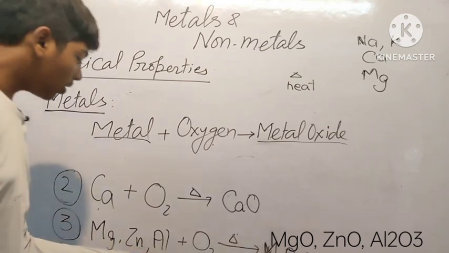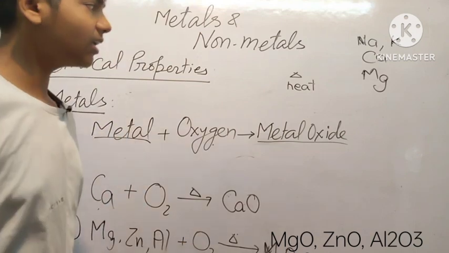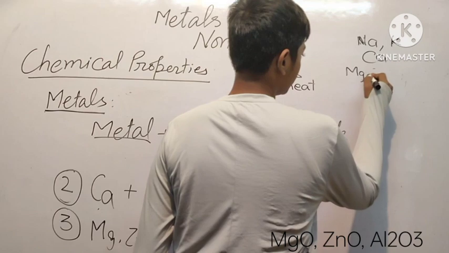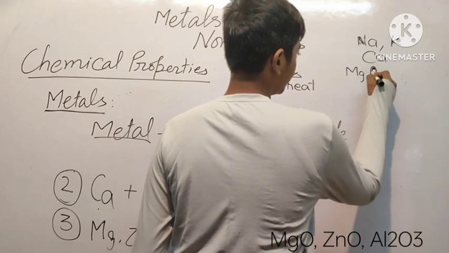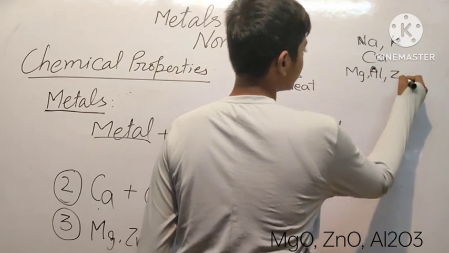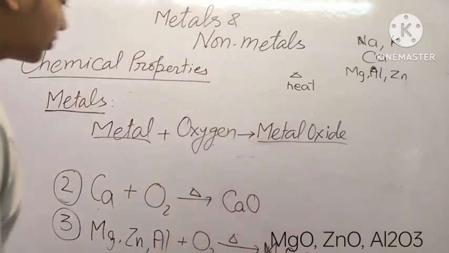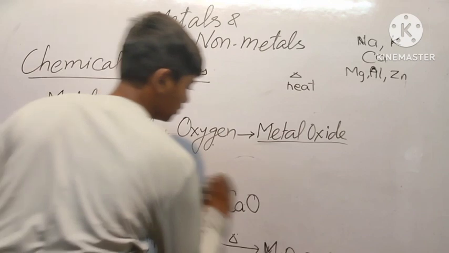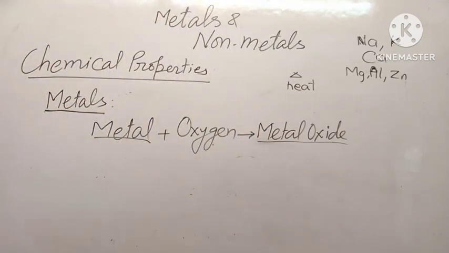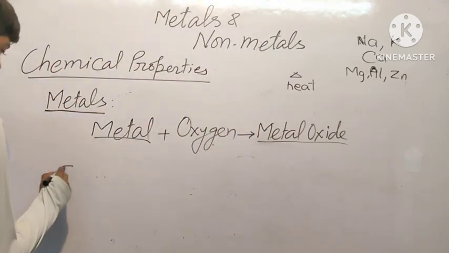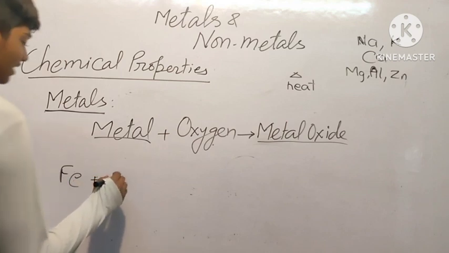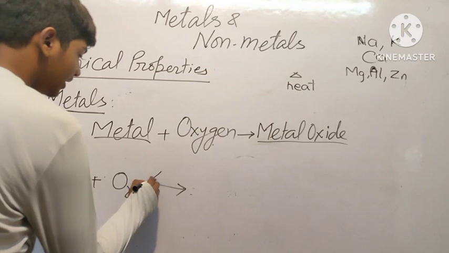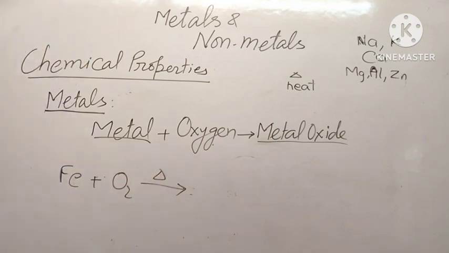And we saw that aluminium and zinc are something similar. So let's write Mg, aluminium and zinc on the same level. Now we have iron. When iron reacts with oxygen, it does not react even on strong heating or prolonged heating.